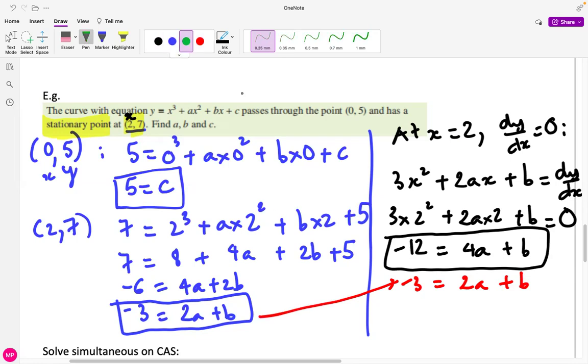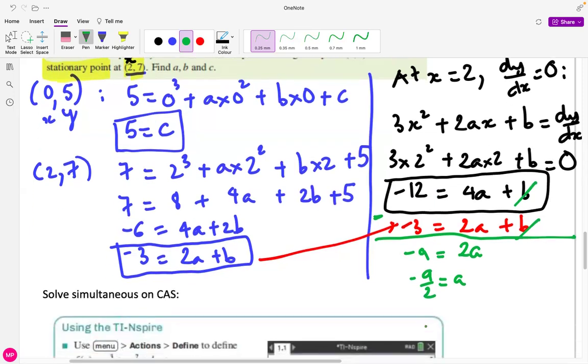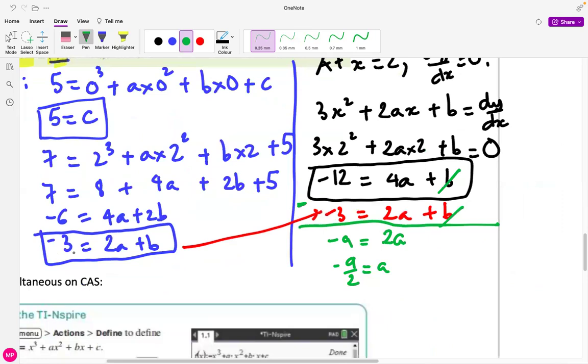Now I'm going to put the minus in between them to cancel the b's out. b and b cancel out. -12 minus -3 is -9, equals 4a minus 2a, which is 2a. So you would have a equals -9/2. And when a equals -9/2, you can sub it back into either of these equations. You can solve for b. So if I do -3 equals 2 times -9/2 plus b, you can cancel out, -3 equals -9 plus b. You get b equals 6. There you go.